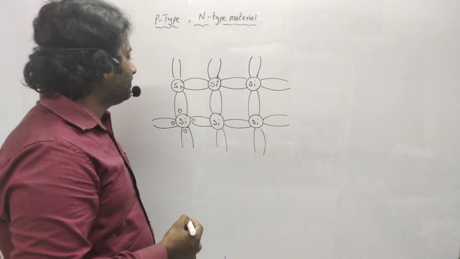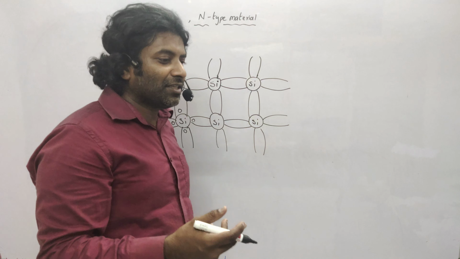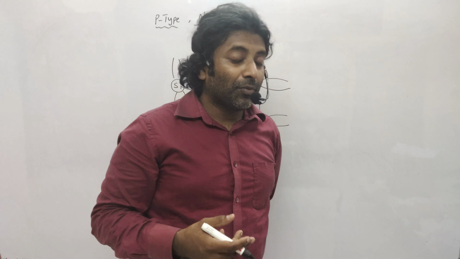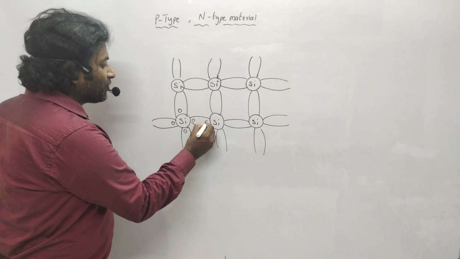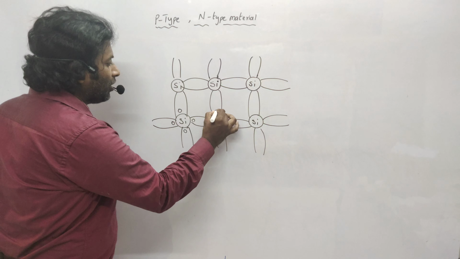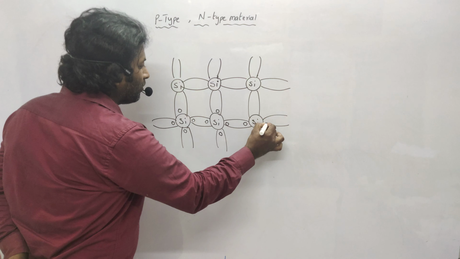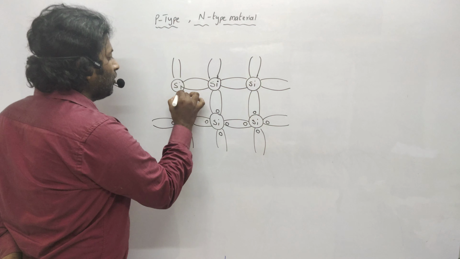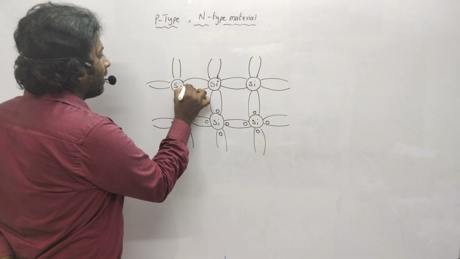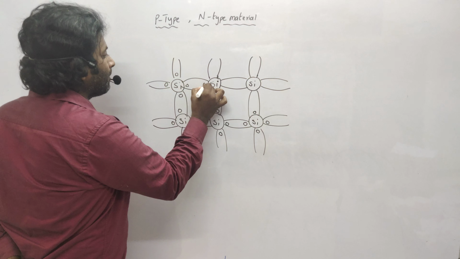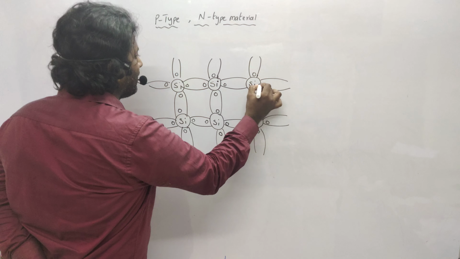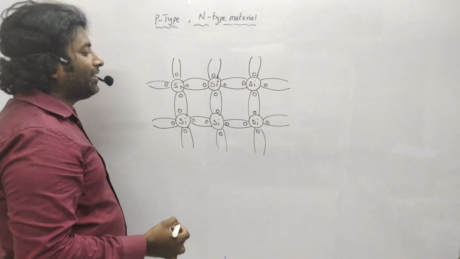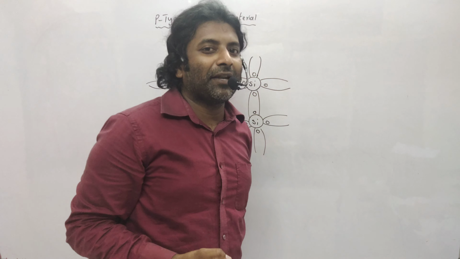Because 18 is a more stable state, more stable atomic number compared to 10. Therefore, it requires 4 electrons. So how many holes must it have? 4 holes. Every atom requires 4 holes to attain the stable state. Which state? Number 18, because silicon's number is 14.